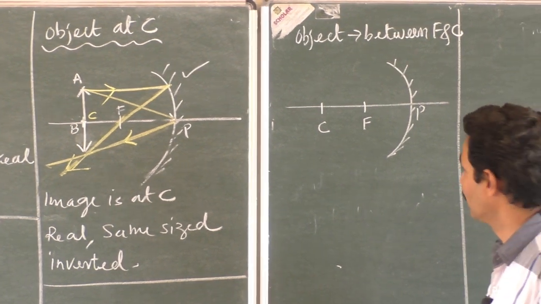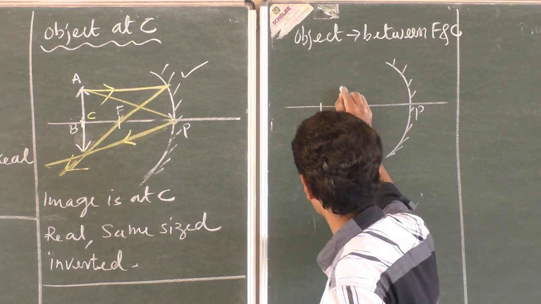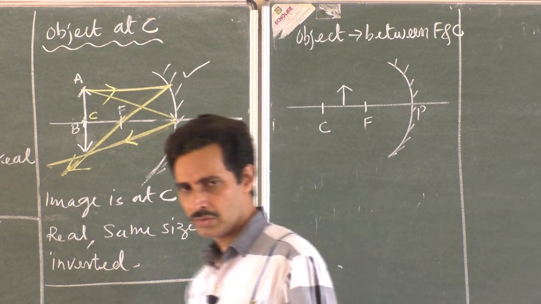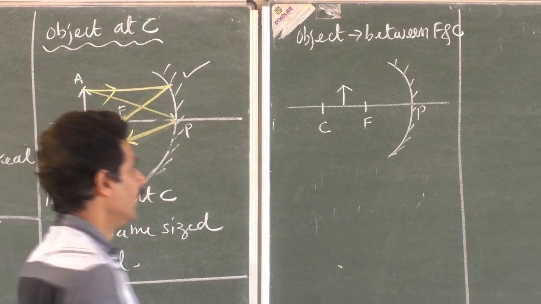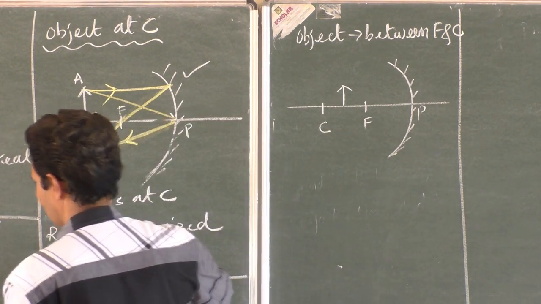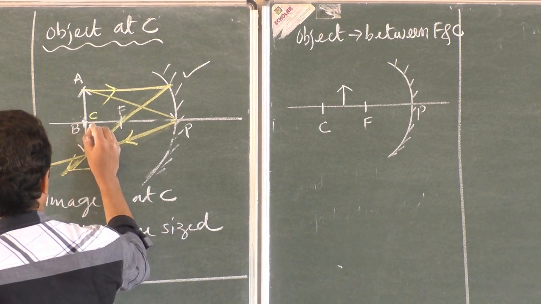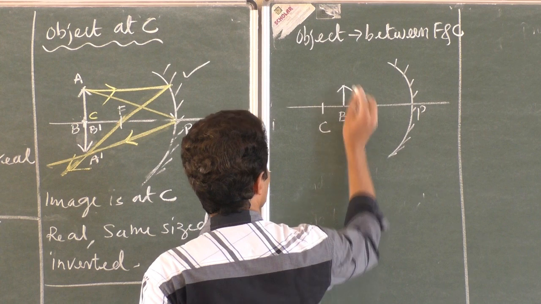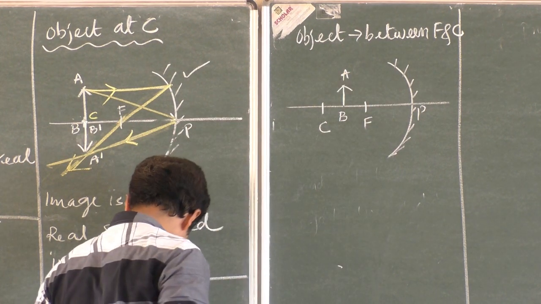So you can write the things related to that once you understand the theory behind it. Let us keep an object between F and C, anywhere between F and C. Again, the story goes the same way. Here I didn't mark the image: this is B dash, this is A dash; here, this is B, this is A. Same story.